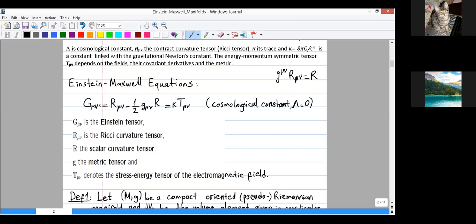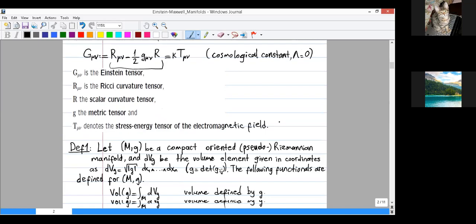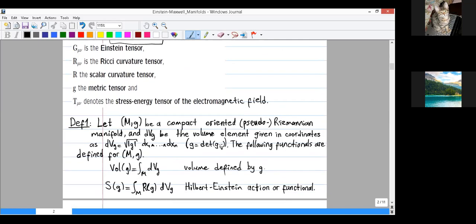Okay, we set the cosmological constant to 0, but we keep the stress energy tensor of the electromagnetic field on the right hand side. Generally, we call this part R mu nu minus 1/2 G mu nu R the Einstein tensor. R mu nu is the Ricci curvature tensor, R is the scalar curvature, and G mu nu is the metric tensor, and T mu nu, as we just said, is the stress energy tensor.